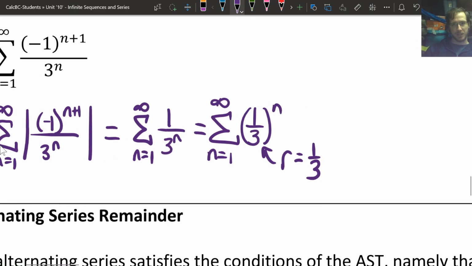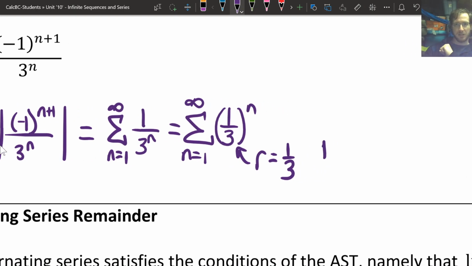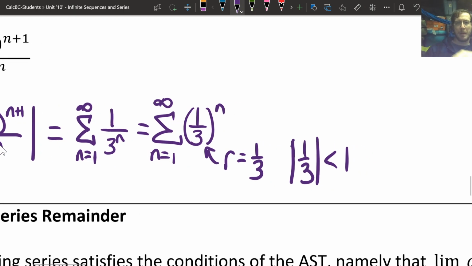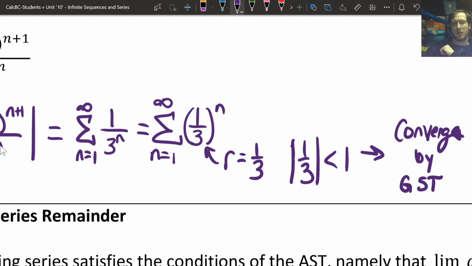In a geometric series, if the absolute value of your r is less than 1, then that means that it converges. We use the geometric series test to show that.